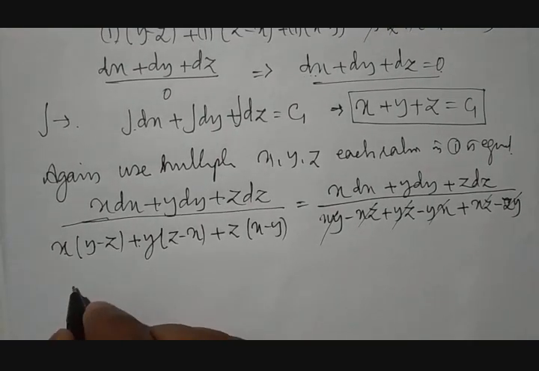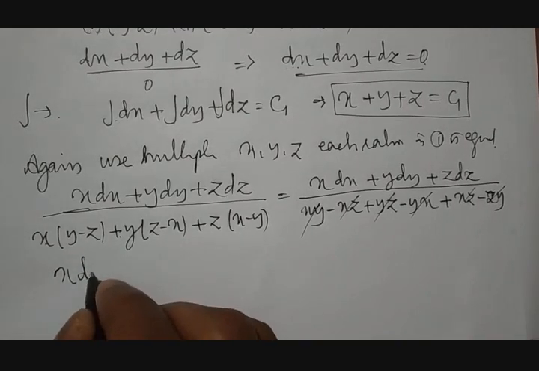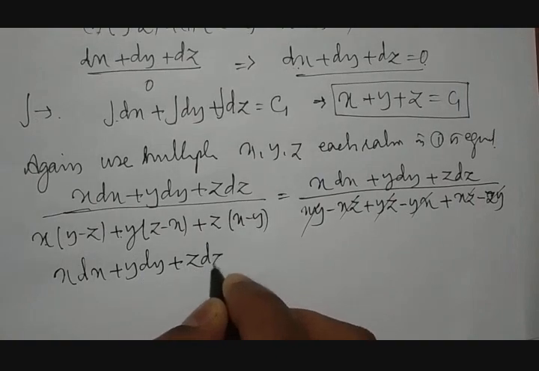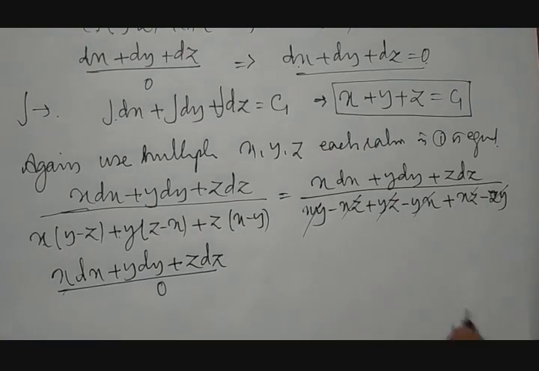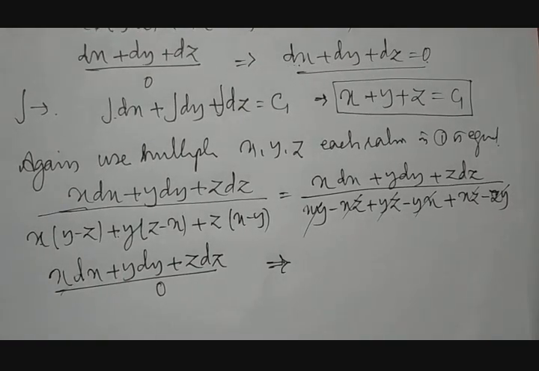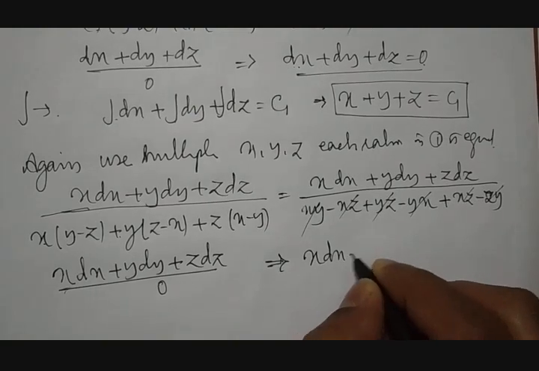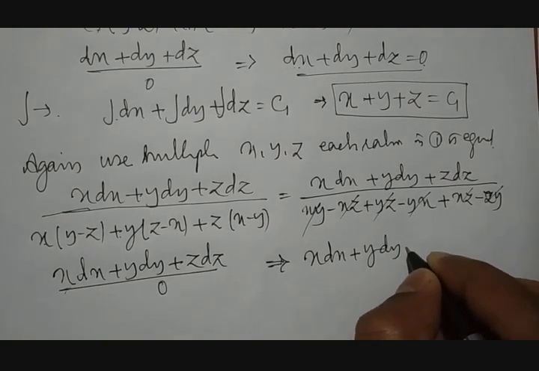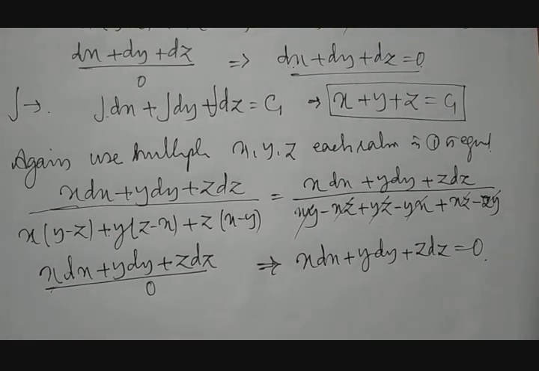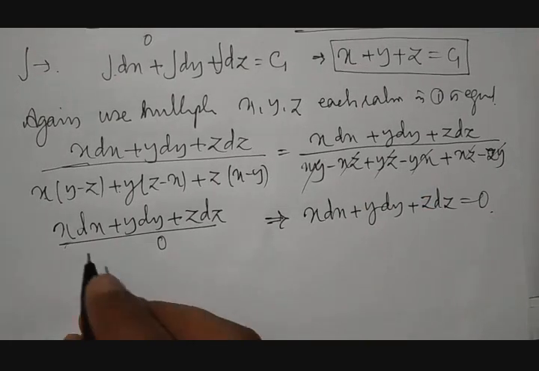Therefore, again we succeeded to get x dx plus y dy plus z dz divided by denominator 0. So x dx plus y dy plus z dz equal to 0.